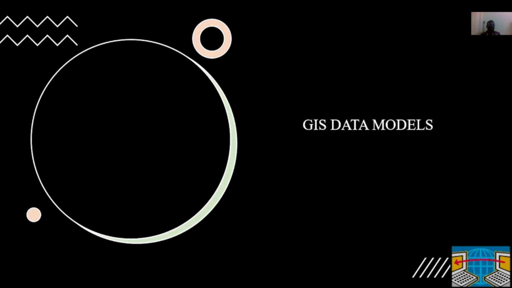A raster dataset comes in the form of smaller boxes, but they are not just boxes. They are interconnected pixels that hold digital numbers and visualize them as a continuous surface. Then you have the vector data, which is made up of lines, points, and polygons. So let's dive into the data models.